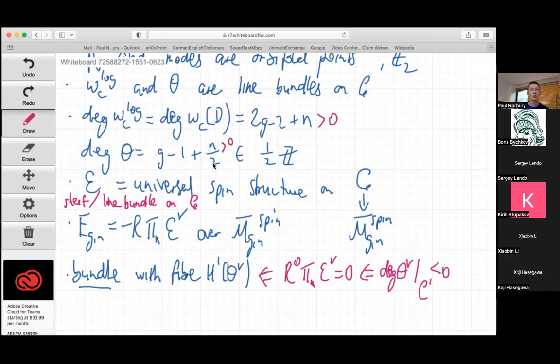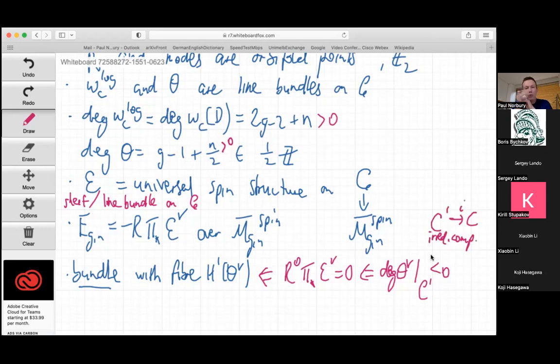The degree of the dual is the negative of this. So this is less than 0, but even more, I haven't said restricted to C, I've said restricted to any irreducible component. So C prime is an irreducible component. So this is important. So it has negative degree, and if you have a negative degree line bundle, it has no section.